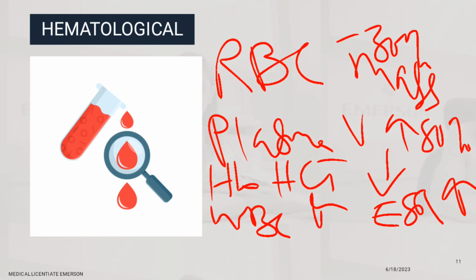Then fibrinogen concentration also goes up, so there will be reduction in plasma fibrinolytic activity. Factors such as factor 7, 8, 9, 10 also go up, which will put someone at risk of thrombosis.